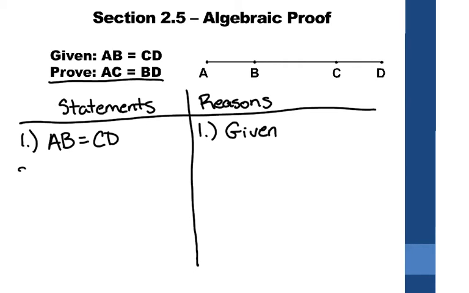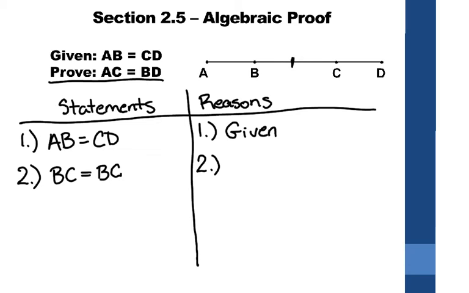So statement number 2 here, it says in your handout that we are going to say that BC is equal to BC. Remember, I told you we're going to use that reflexive property, and that's this right here. It's understood that BC is equal to itself.